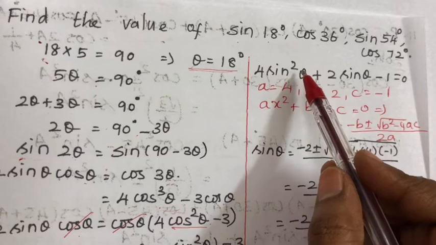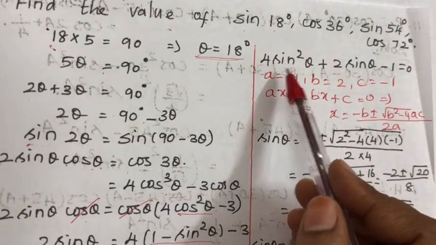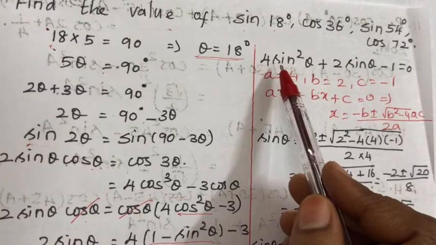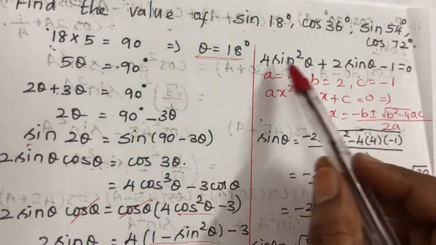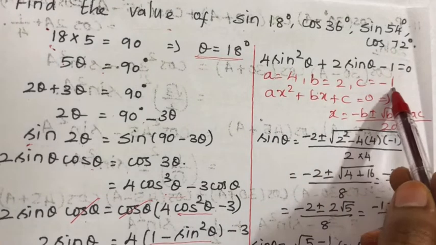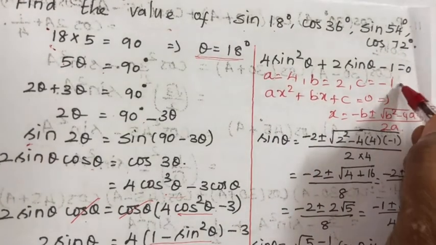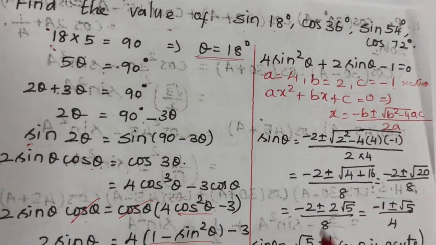If it is a quadratic equation in the form ax square plus bx plus c, our a is 4, b is 2 and c is minus 1. Our x is sin theta.